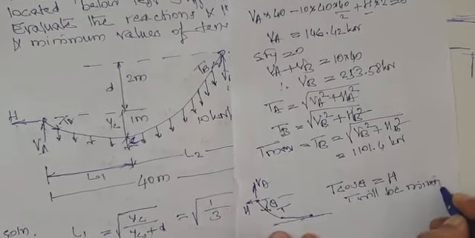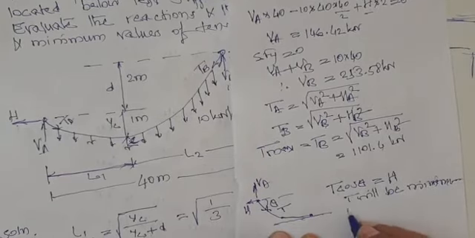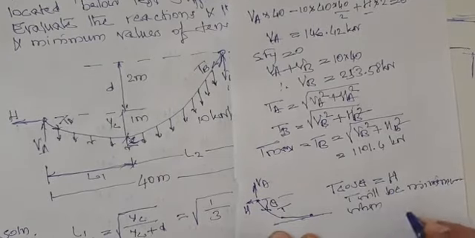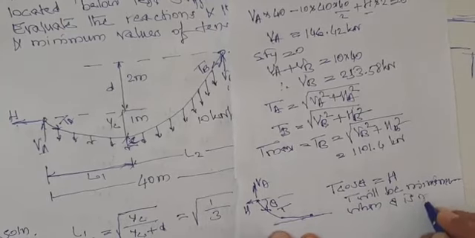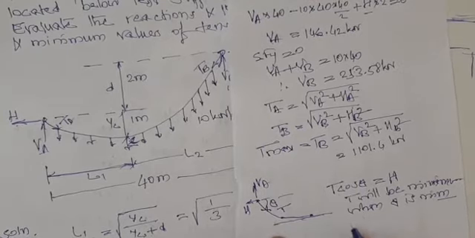T will be minimum when theta is minimum. What is the minimum theta value? That is 0.